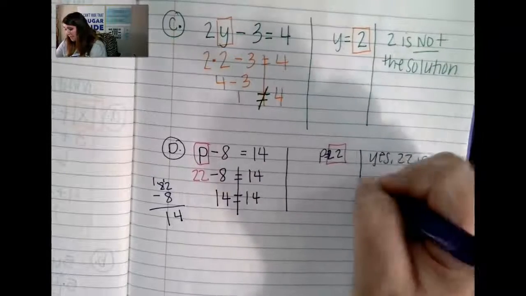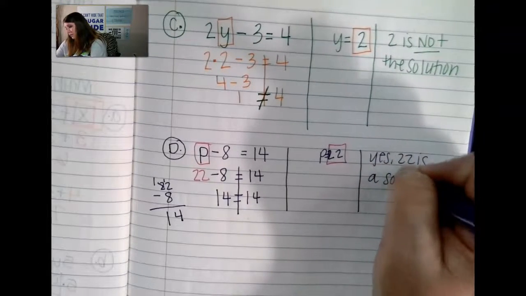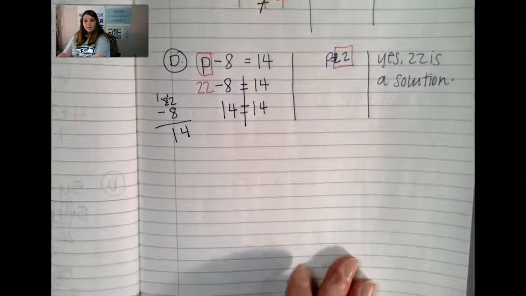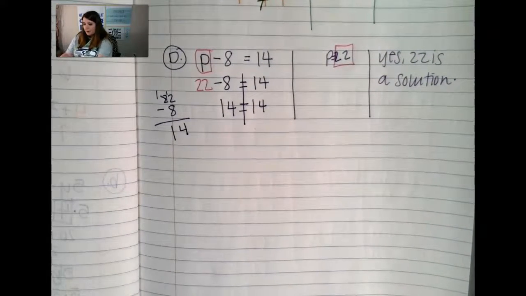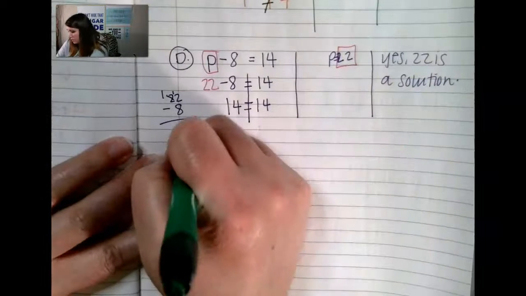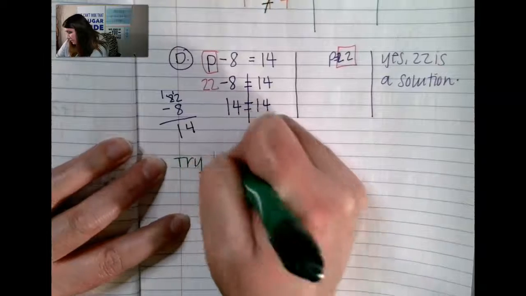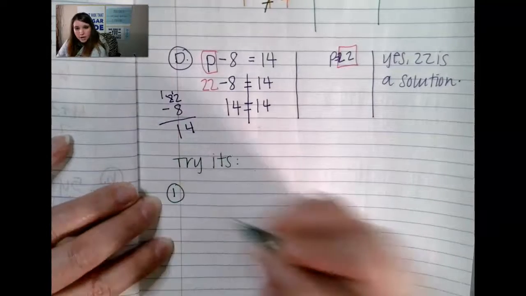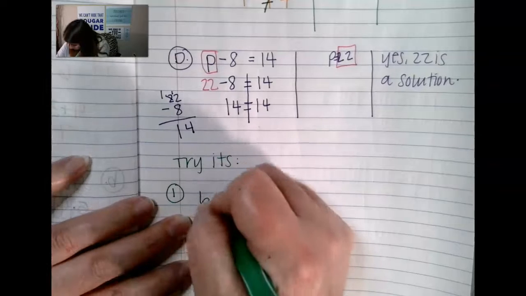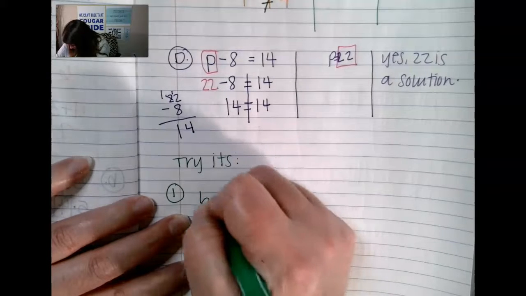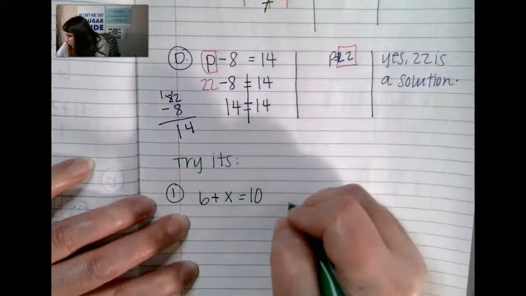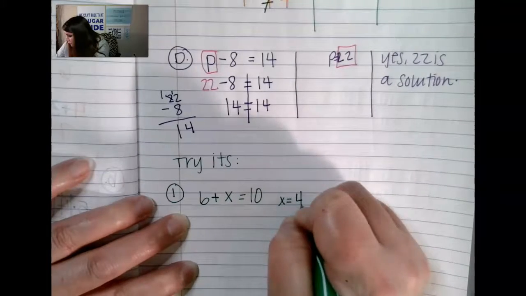So yes, 22 is a solution. All right, 6th graders, it is your turn to check solutions and see if the problems are true or false. So here are your try-its for today. Your first try-it, number 1, is 6 plus x equals 10 when x equals 4.